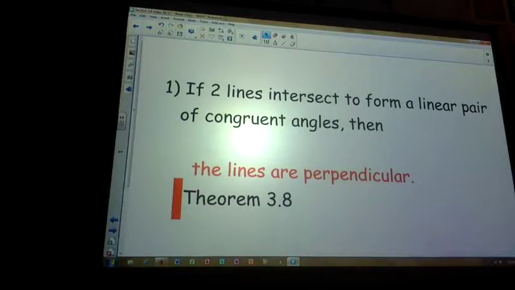Then the lines are perpendicular. For this unit, are we going to need to know the names of the theorems? It's up to you if you want to know Theorem 3.8 or if you can just describe it to me. Both is appropriate. Is this okay? Can I move on?